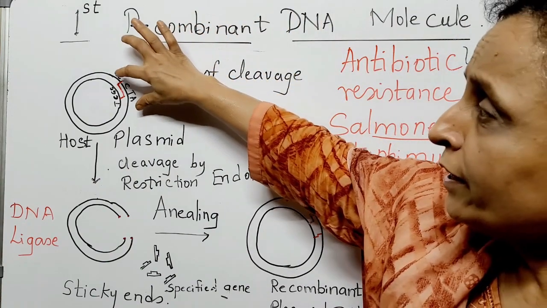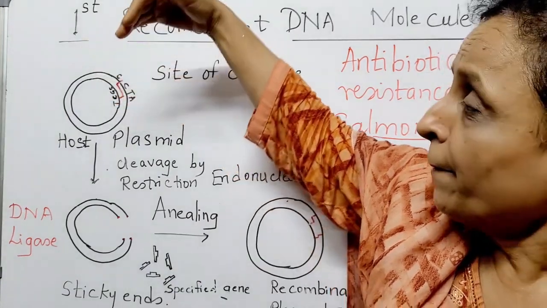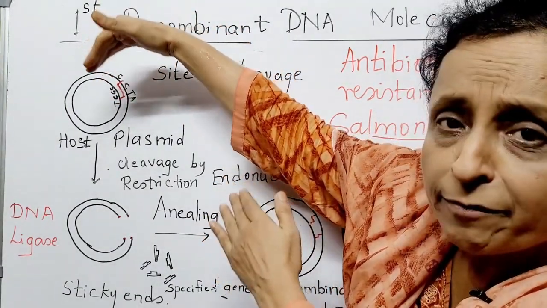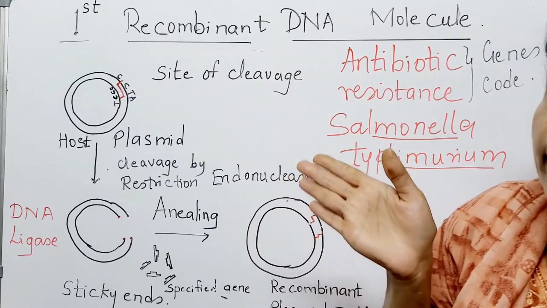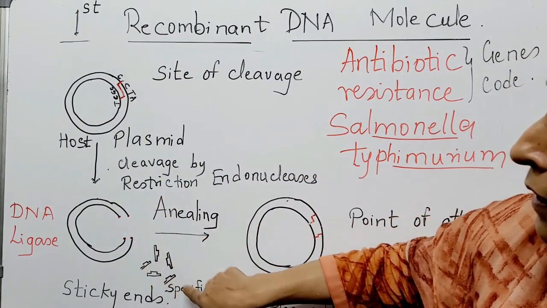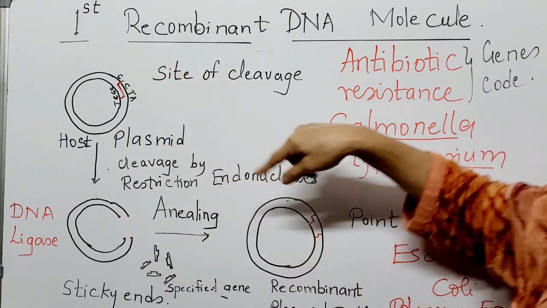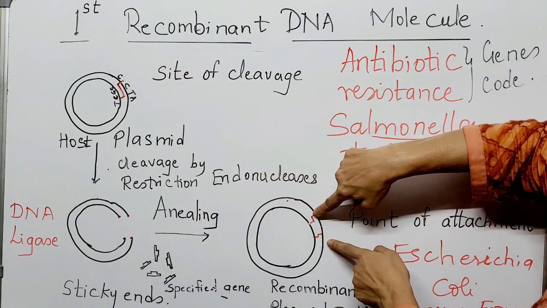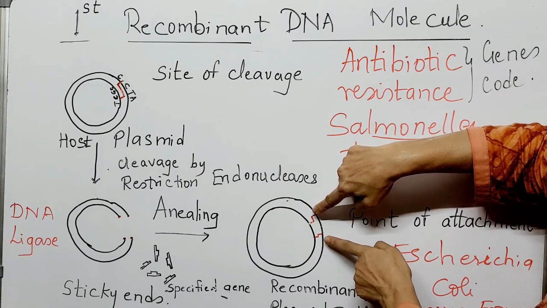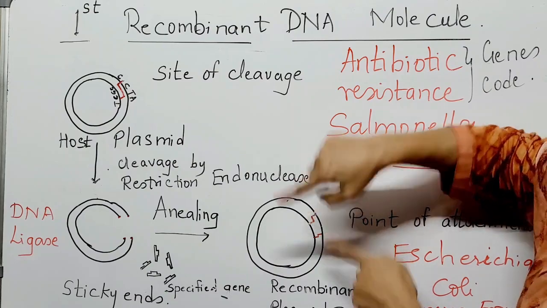They took out the DNA by restriction enzymes. They gave a cut and it led to sticky ends. They removed some genes by annealing, and then there were sticky ends here, and this part, that is the antibiotic resistant gene, was fixed here, and recombinant DNA was formed.